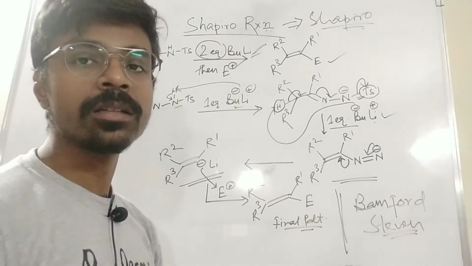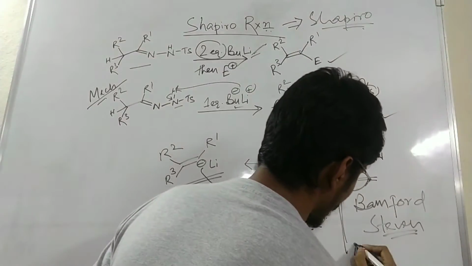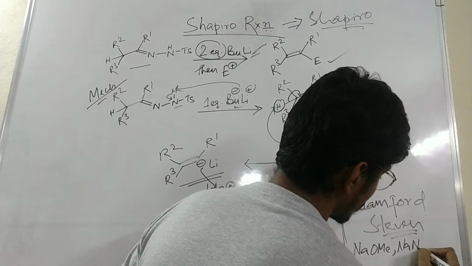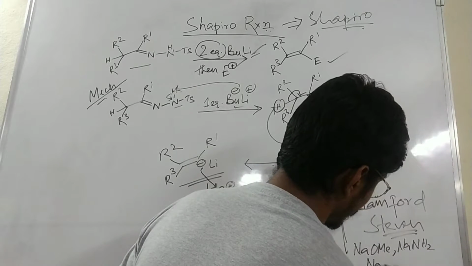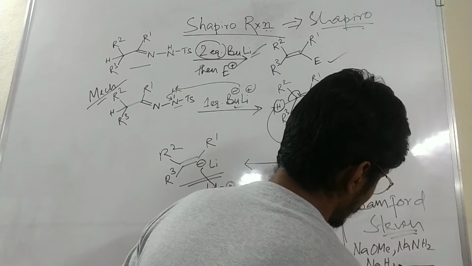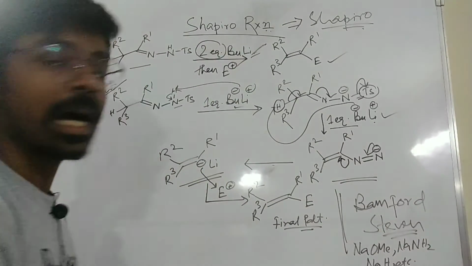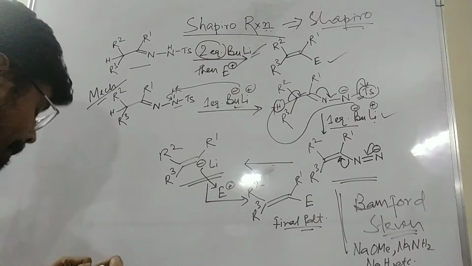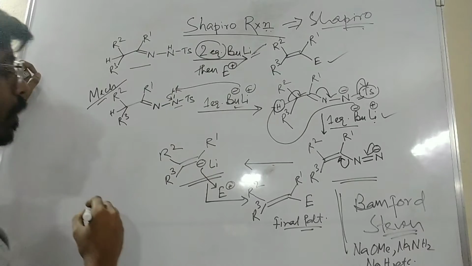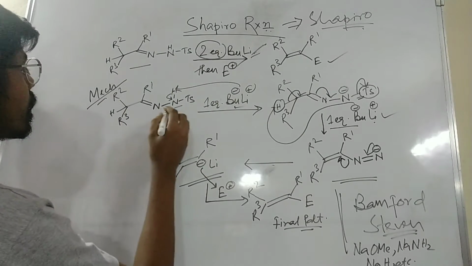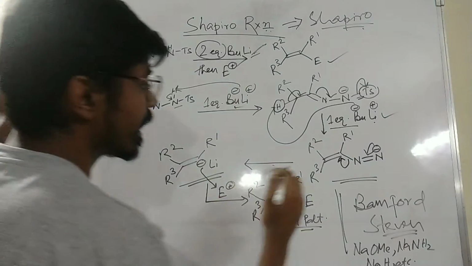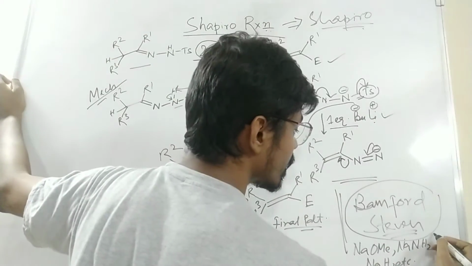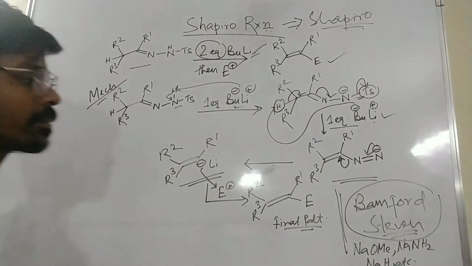But in the case of the Bamford-Stevens reaction we use bases like sodium methoxide, NaNH2, sodium hydride, etc. Another major difference between these two reactions is that in the Shapiro reaction we will get the less substituted alkene, but in the Bamford-Stevens reaction we will get the thermodynamically preferred, more substituted alkene.